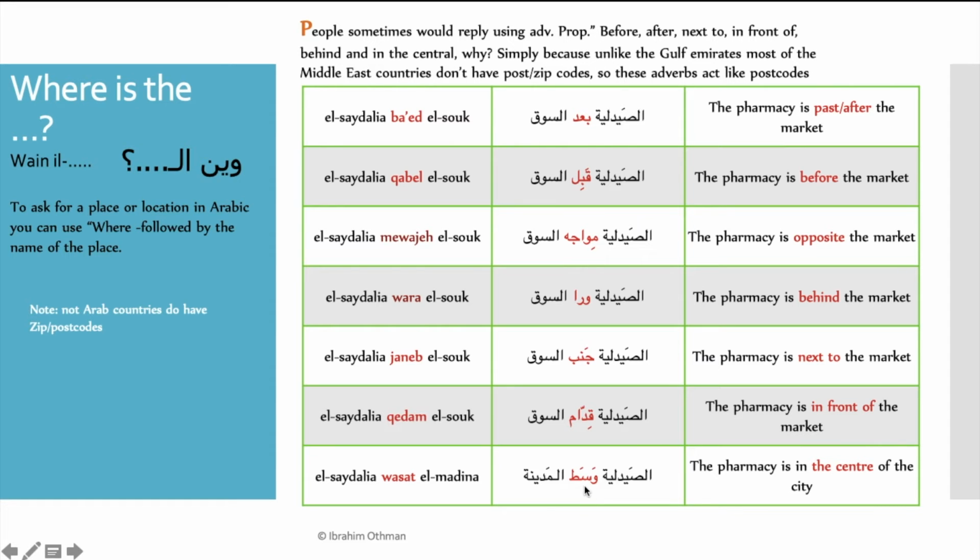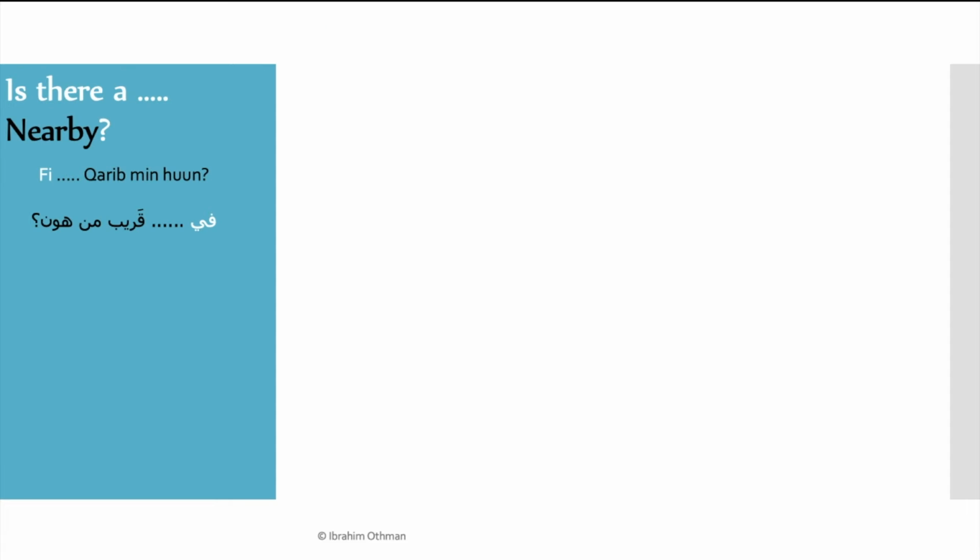So these, in the red colored vocabulary, are the actual postcodes or zip codes or addresses in the Middle East. We also have an easier phrase if you want to ask, is there or are there a place, a location nearby? So first of all, in Arabic, fi, you could use it by starting a sentence, which would mean, is there or are there?